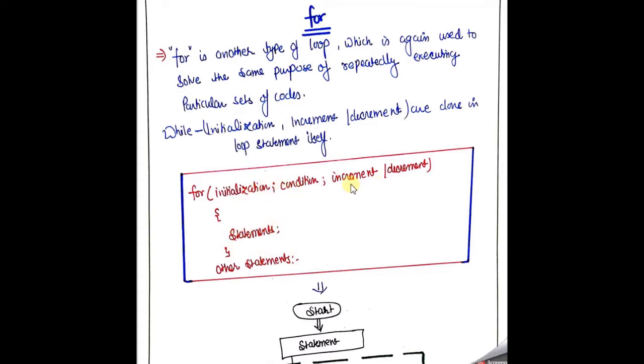The third portion is the increment and decrement portion, and this is performed after each execution of the statements. First we initialize, then we go to the condition, and after the condition is true we go inside our loop.